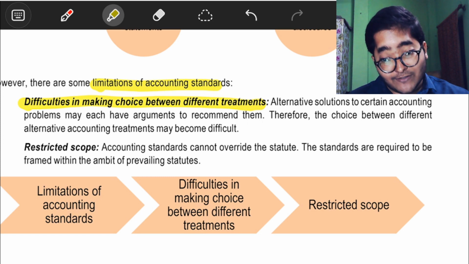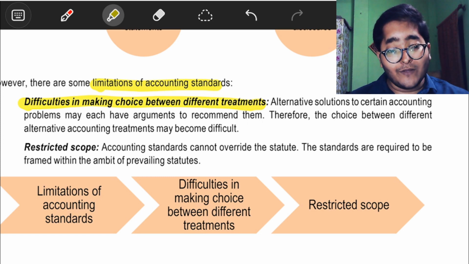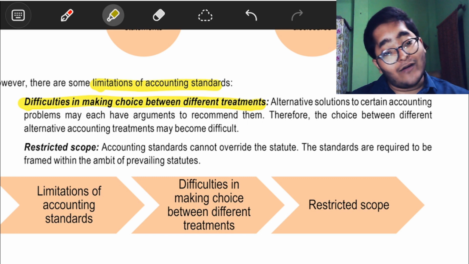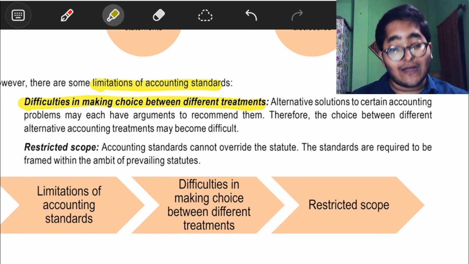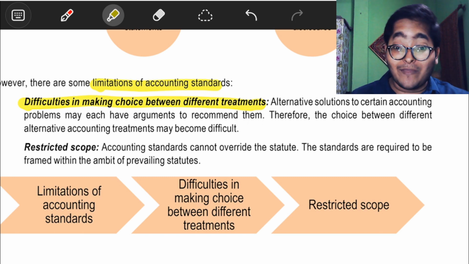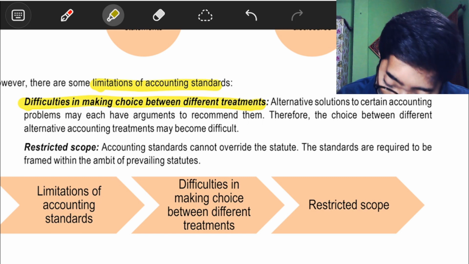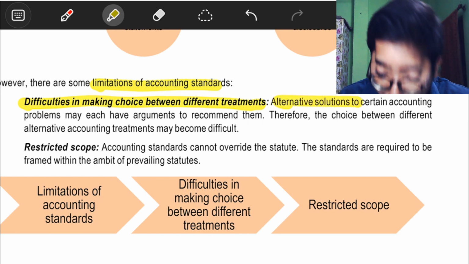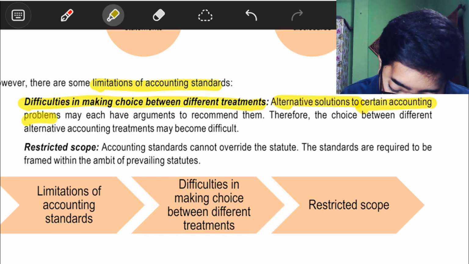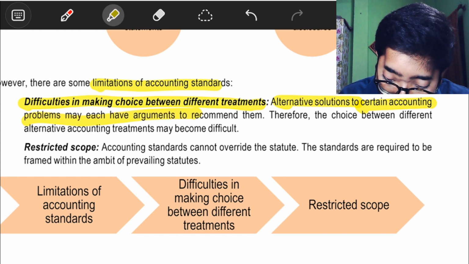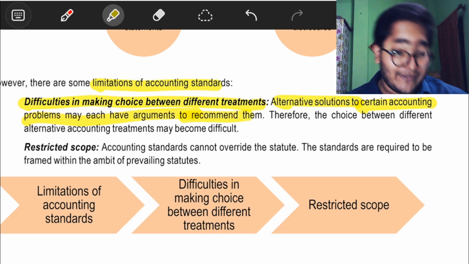Alternative solutions to certain accounting problems may each have arguments to recommend them. Therefore, the choice between different alternative accounting treatments may become difficult.